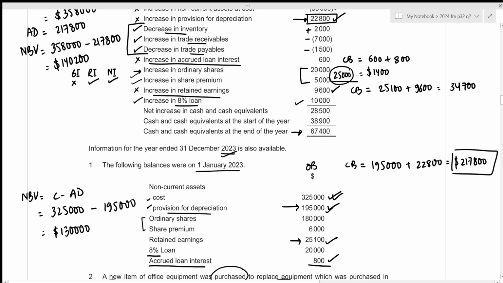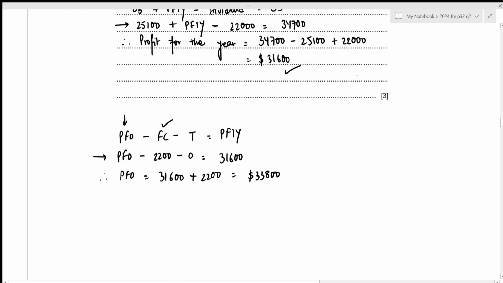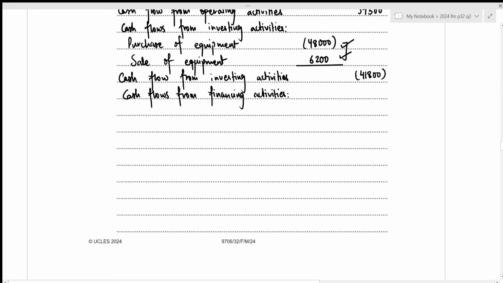So we can include this as part of cash inflows. Let's write it down. So proceeds from issue of ordinary shares, from which the company received 25,000.